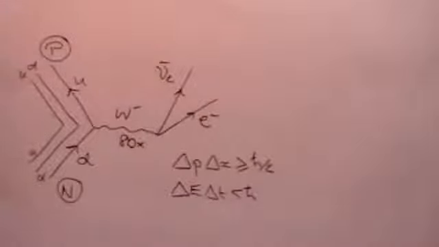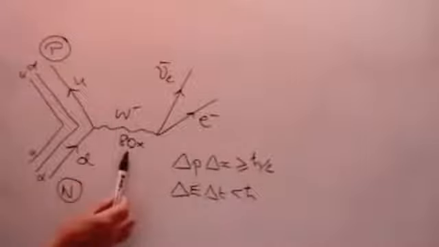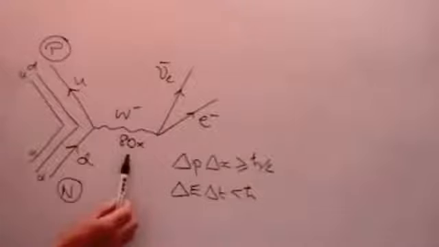In other words, out of nothing, you can, as it were, borrow energy, but the more energy you borrow, the less time you can borrow it for, and the deal is you have to pay it back. So you can create a W minus, which is a massive particle, so it's high energy, in the sense that it's high mass.